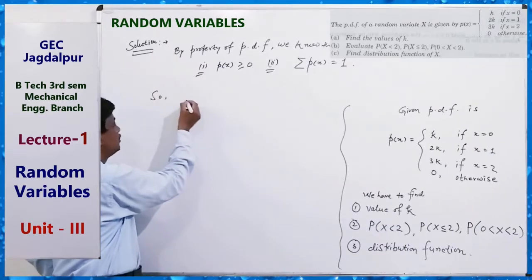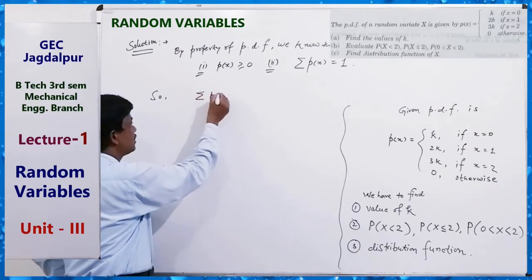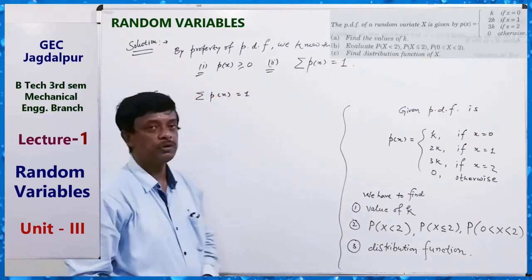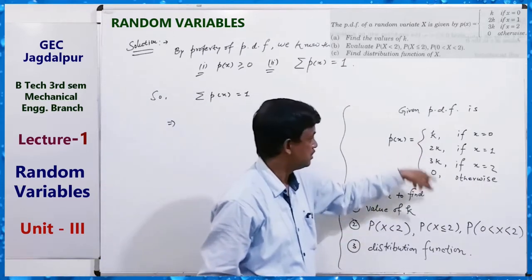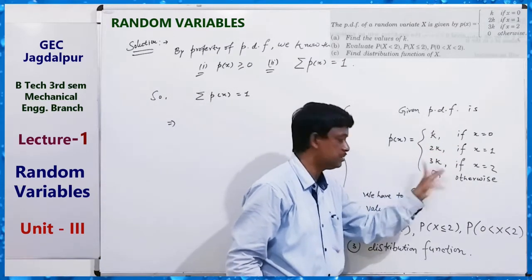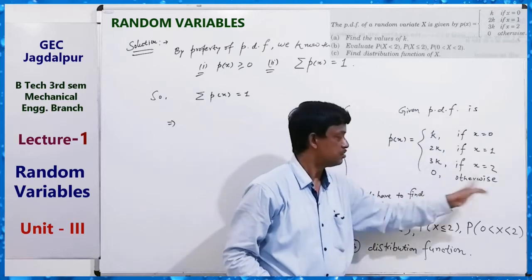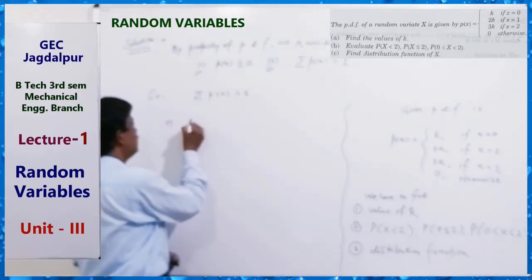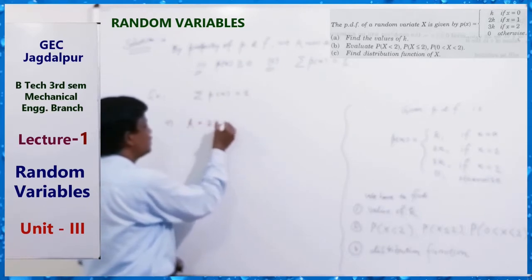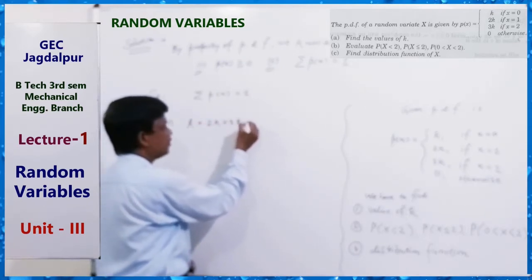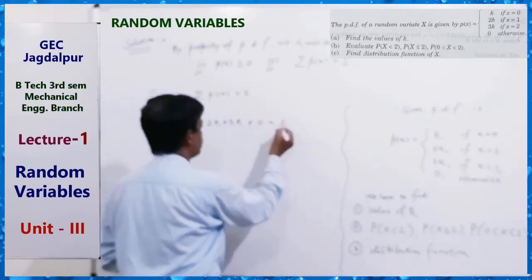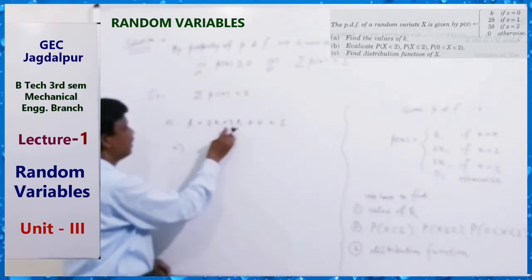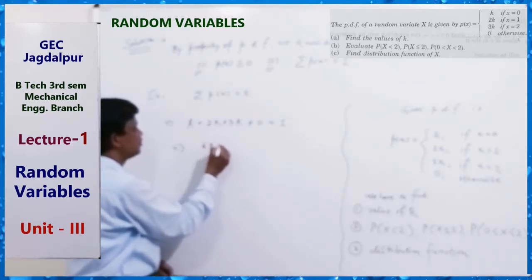So sum of Px equals 1 means the probability functions are given like this. This is a probability, this probability, this probability, this probability for all values of x. So here k plus 2k plus 3k plus 0 equals 1. Now we can solve it. 2, 3, 5, 6, so 6k equals 1.